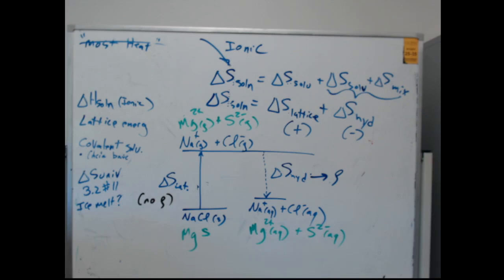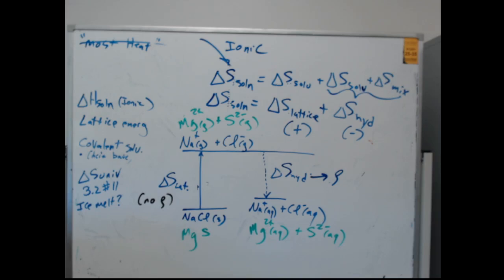Then does the delta S of lattice energy also increase, so it creates that imbalance again? Well, what do you think? I would assume not, but why not? Because if it increased the entropy of the lattice, then I guess in my mind it would dissolve more.